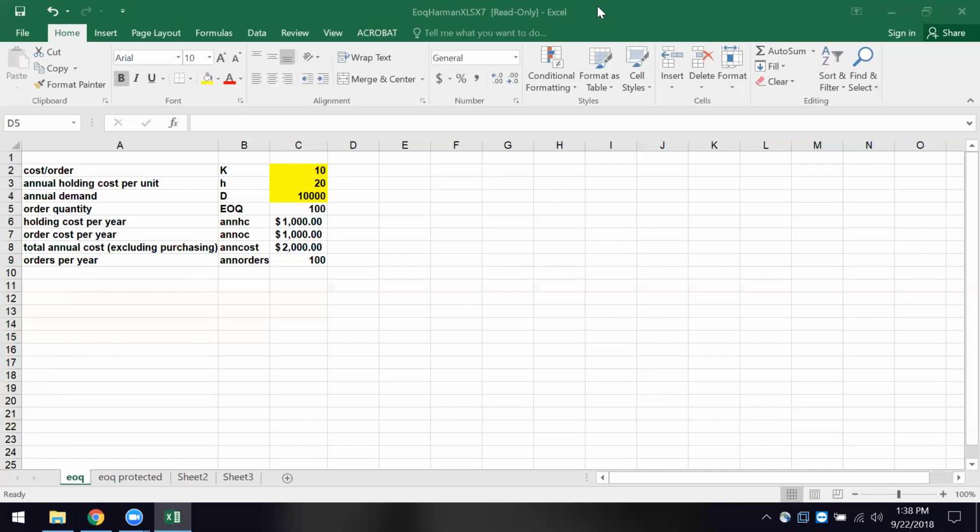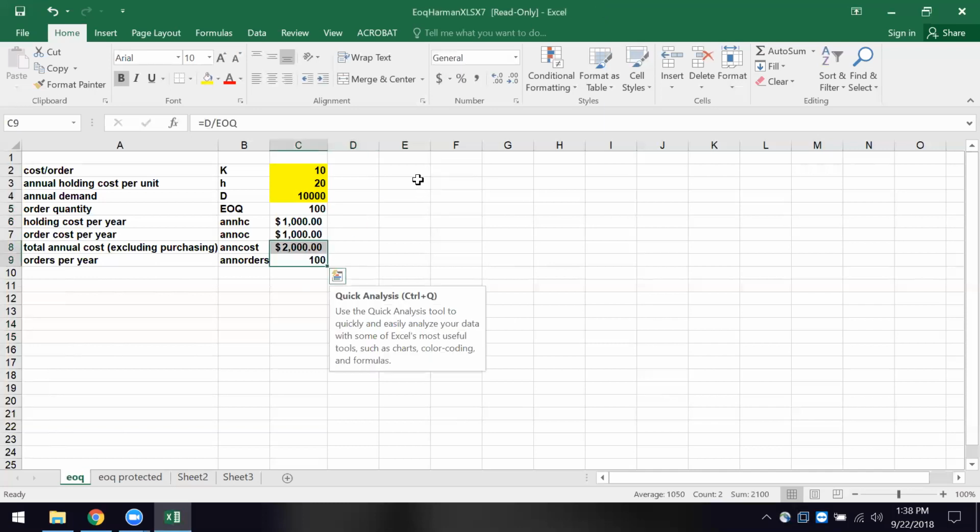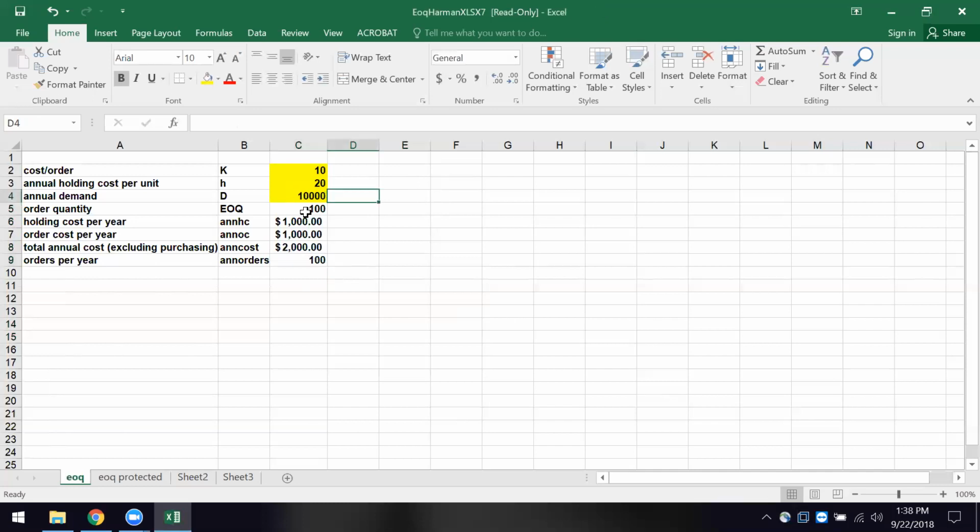If I want to come up with placing fewer orders, let's look at the equation. The orders are predicated by the EOQ. That's the orders per year.